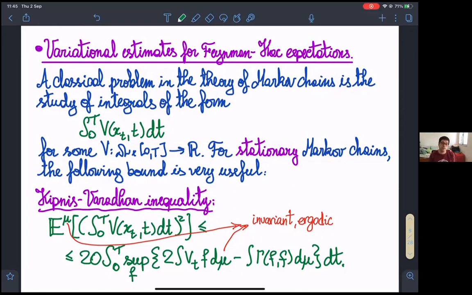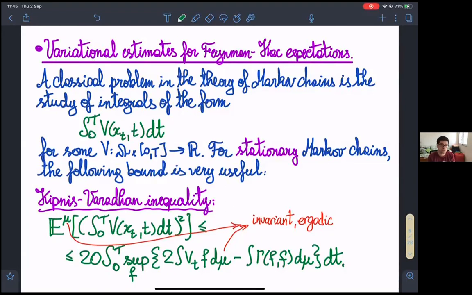In the ergodic setup for the Markov chain, it is a norm on the set of mean zero functions. So the supremum defined here is just the dual norm of the norm derived from the Carré du champ. It's the square of the dual norm, in fact.